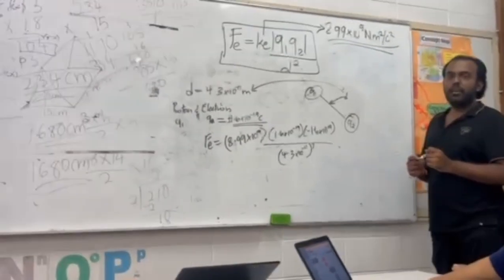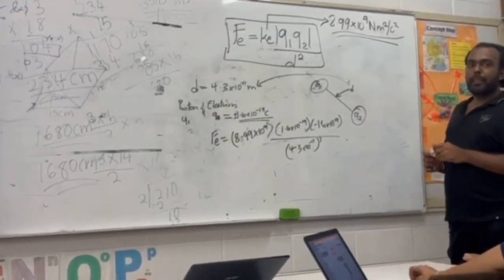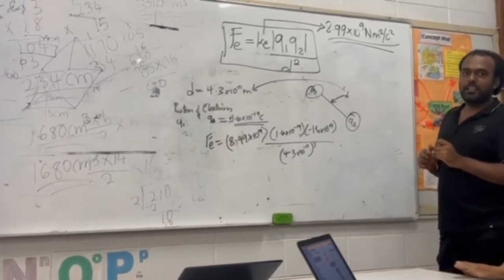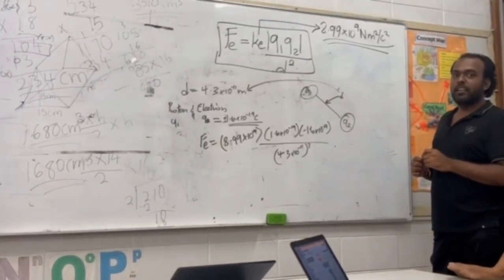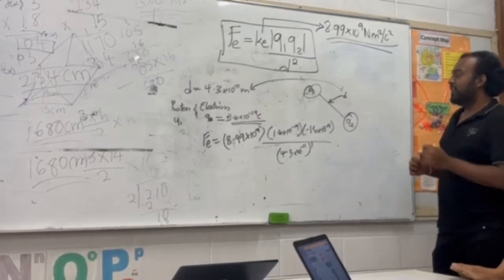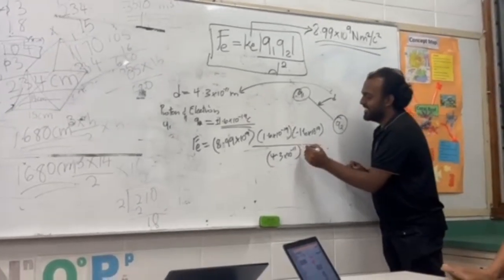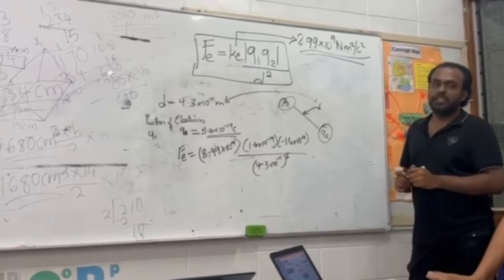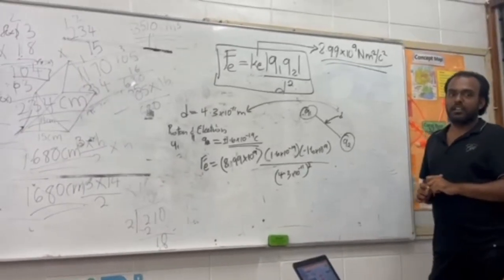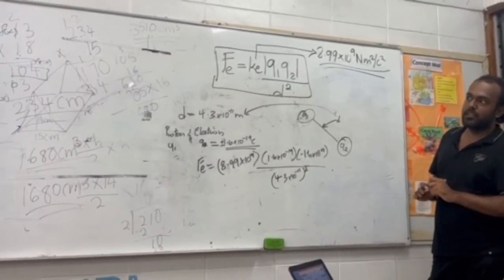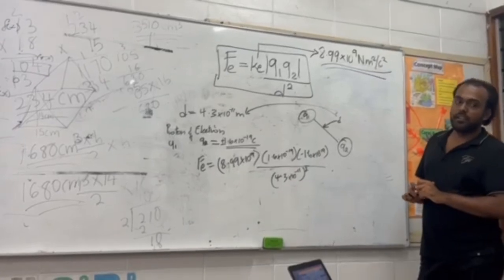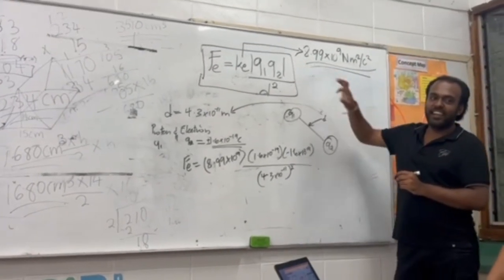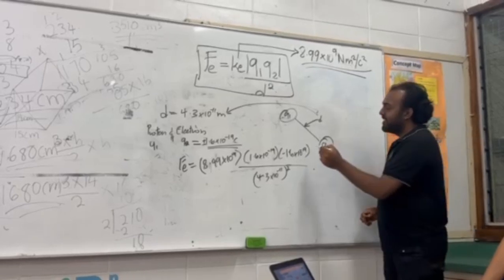Am I missing something? No, sir. Oh, sir, you wrote cubed. It should be squared. Oh, sorry, my error. There is something else I am missing from the equation. The absolute sign. Oh, yes, sir.